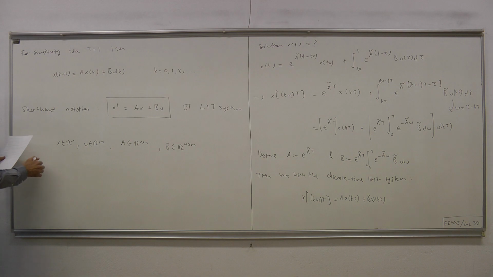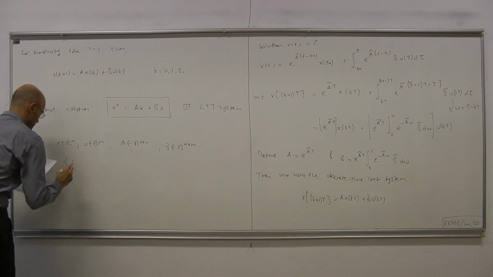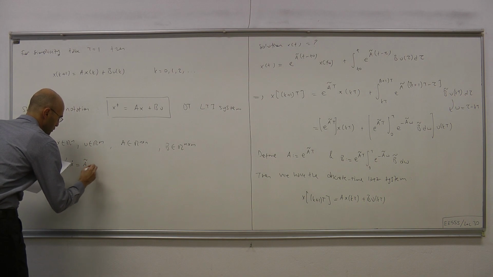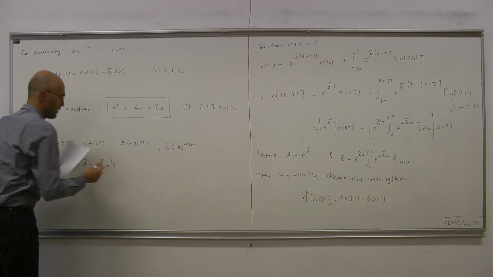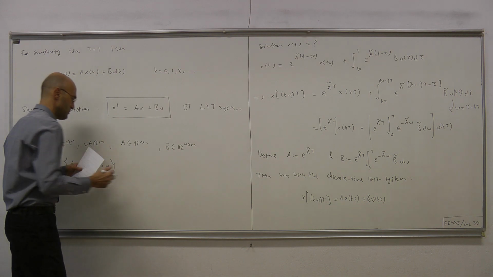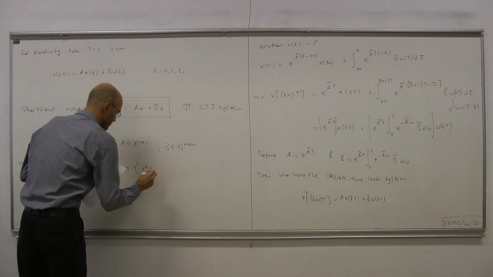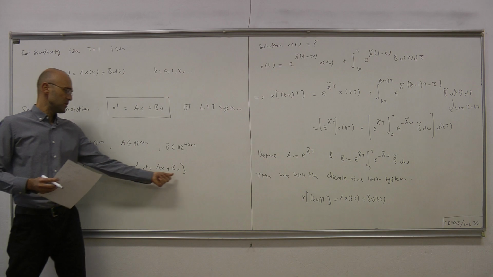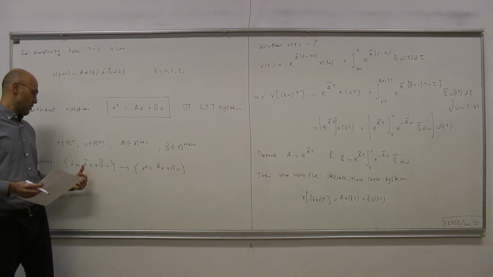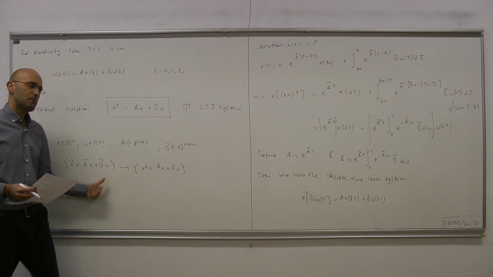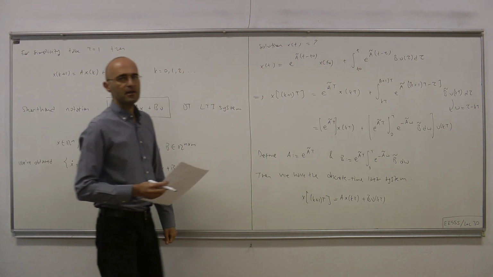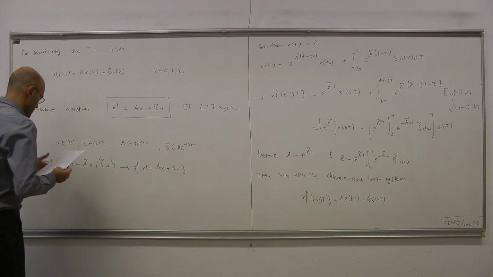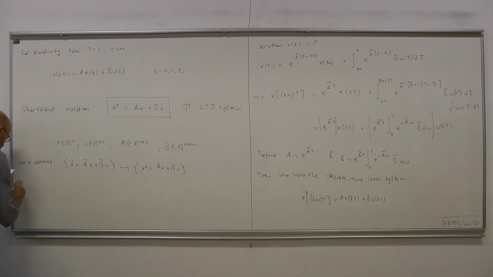Okay, so what we've done is we've obtained from a continuous time linear system the discrete time version, x⁺ = Ax + Bu, where the matrices A and B are obtained from matrices Ã, B̃, and also the sampling period, capital T. Now let's ask the following question.